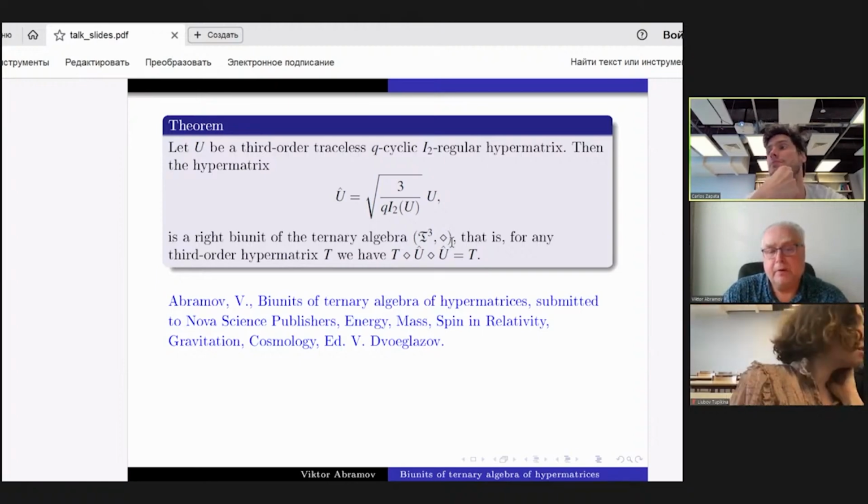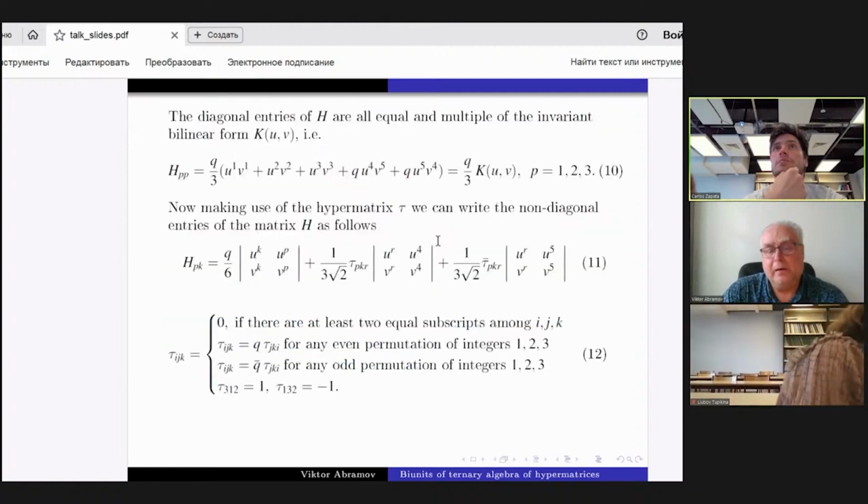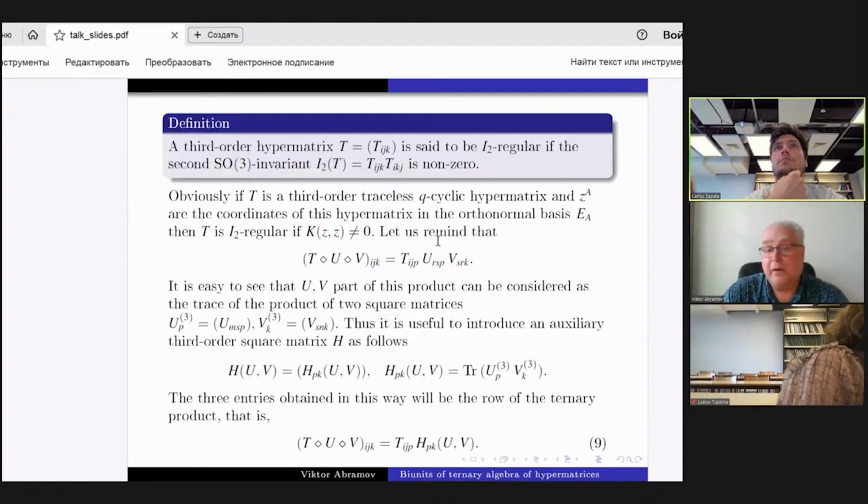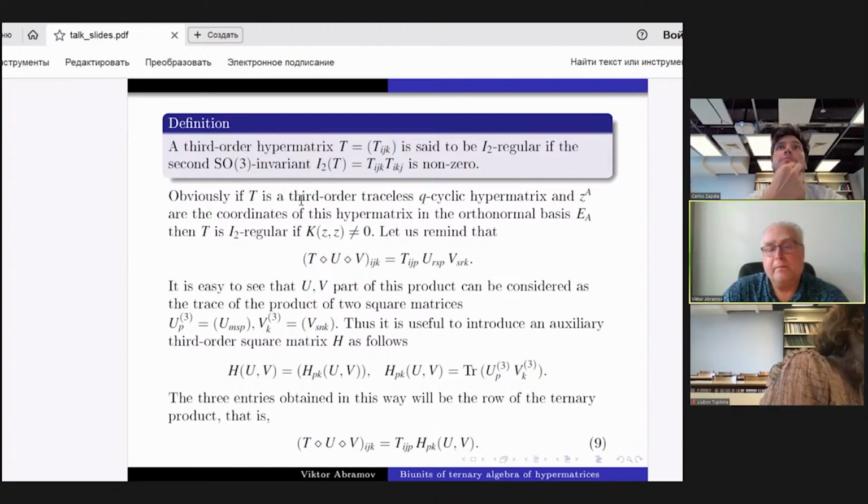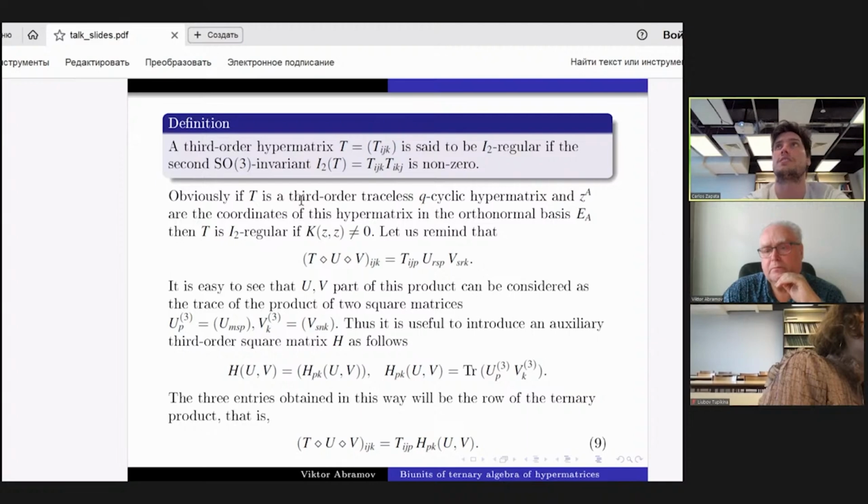I missed the notation that you used where you introduced the I2 regular matrices. Can you please go to that slide? This one. Yes, thank you. I have a question on this slide.